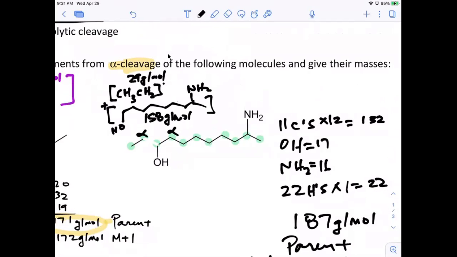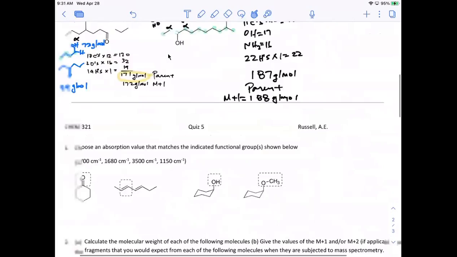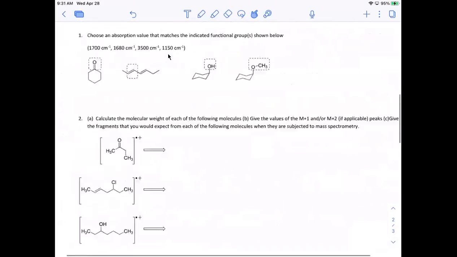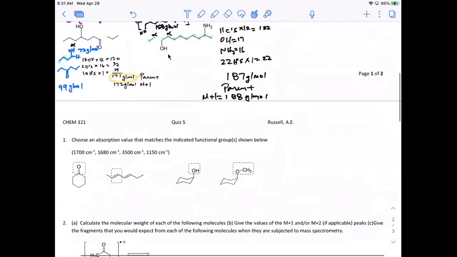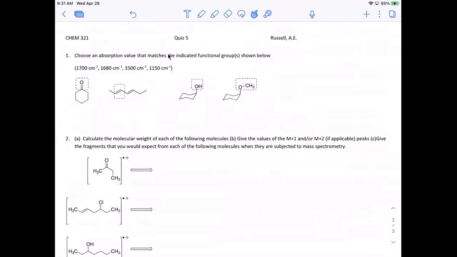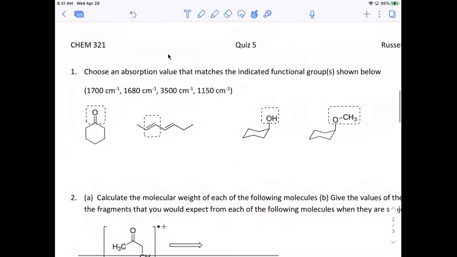Let me go to the next page because I actually want to come back to the mass spec. I'm gonna turn y'all loose on the other fragments for that one, and then number 2 down here at the bottom. But let's look at this top question. So we have some infrared stretches up here, some absorptions, right?